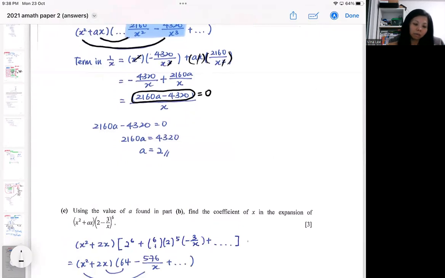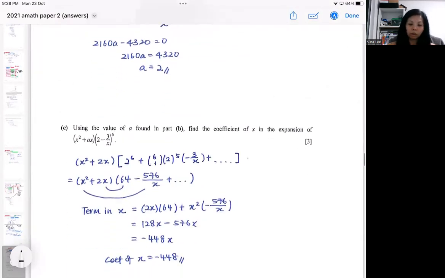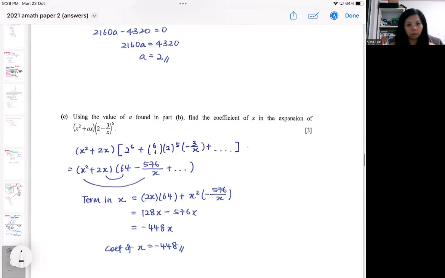Then subsequently, with the value of A, your job is to return it to the expansion. Now we are interested in a separate coefficient already. This one is the no-trick kind of question. With the A, you return it back and redo your binomial one more time. You redo the binomial in such a way that you have sufficient terms to get the coefficient of x.